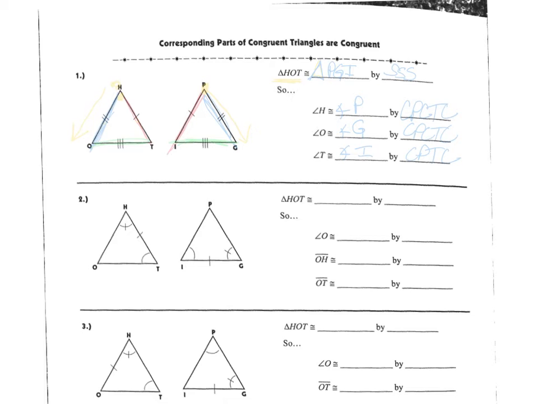And so therefore we know that if we are going to want to prove something about either the angles or the sides, we're going to have to first make sure that we can prove that these triangles are congruent.